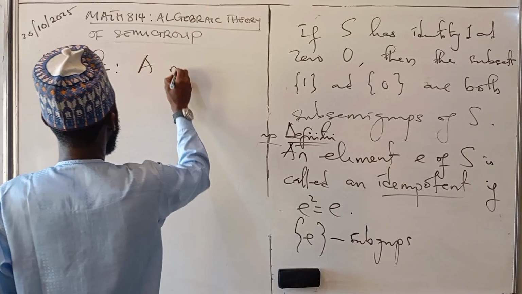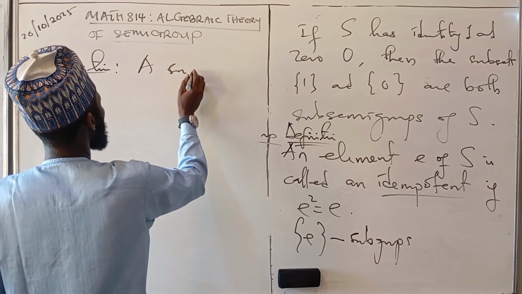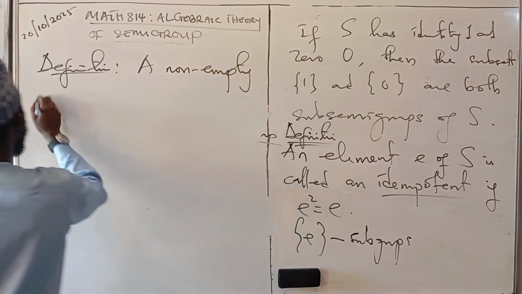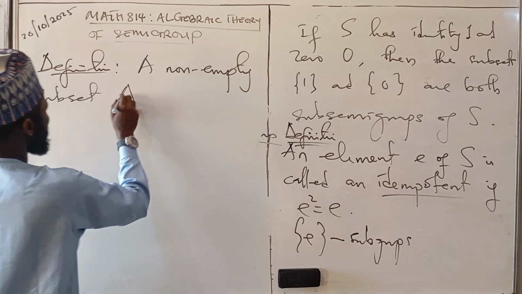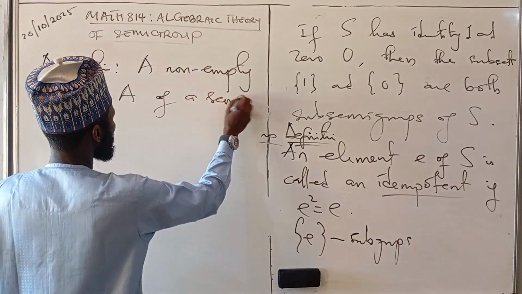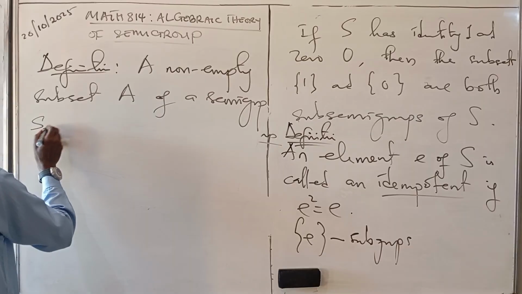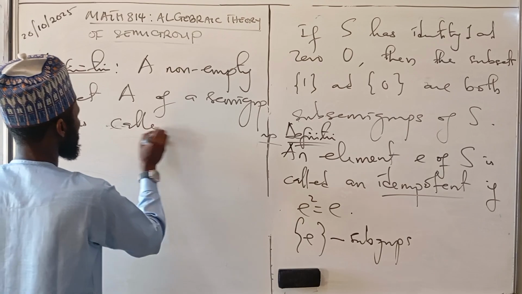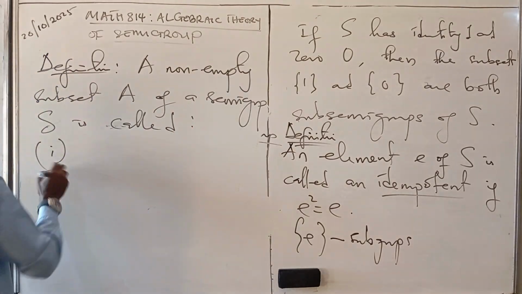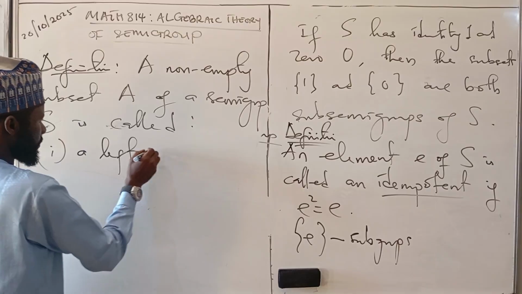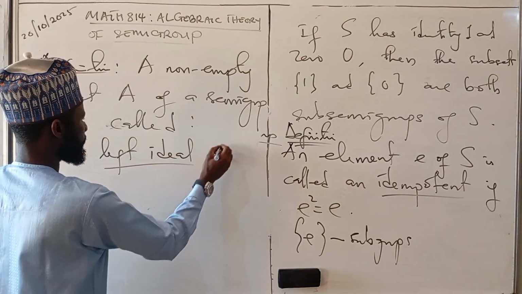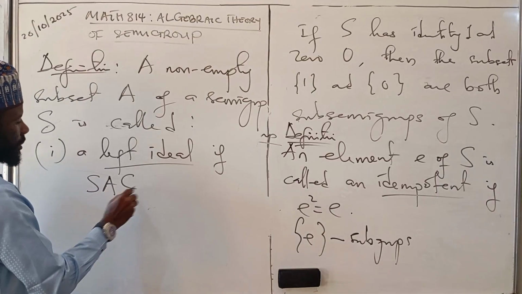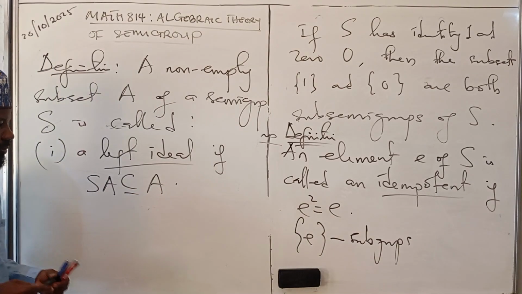So a non-empty subset A of a semigroup S is called a left ideal if SA is a subset of A. What does this mean?